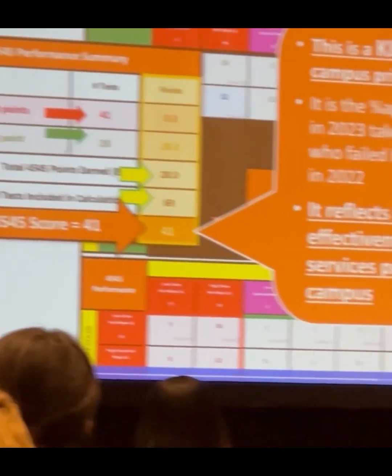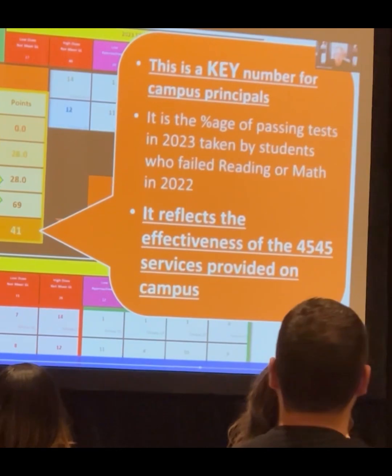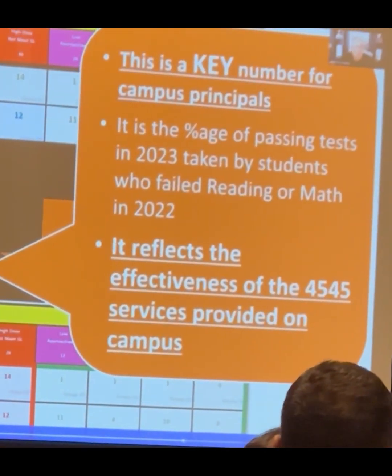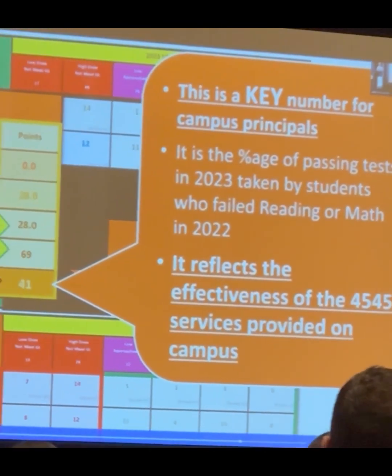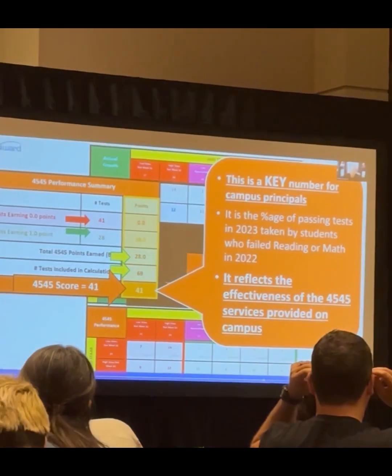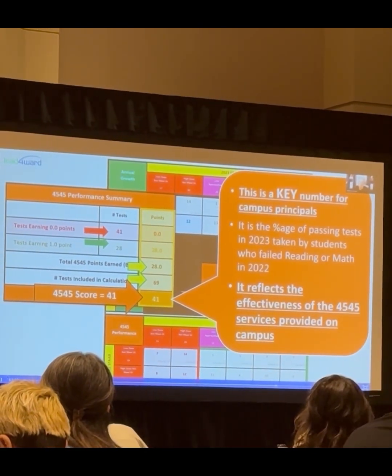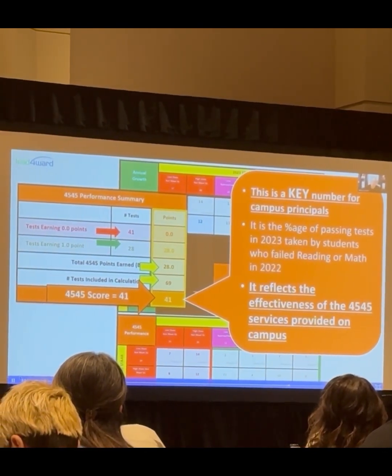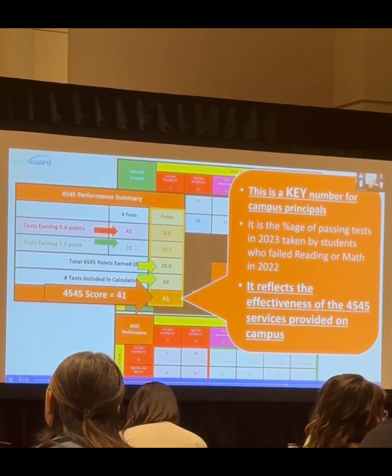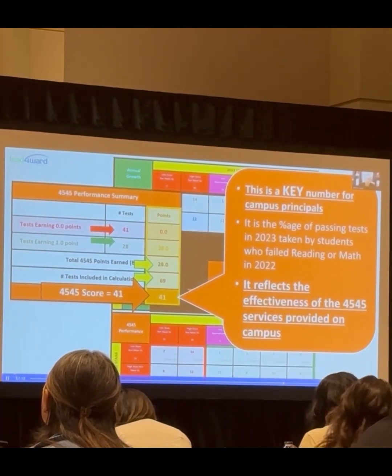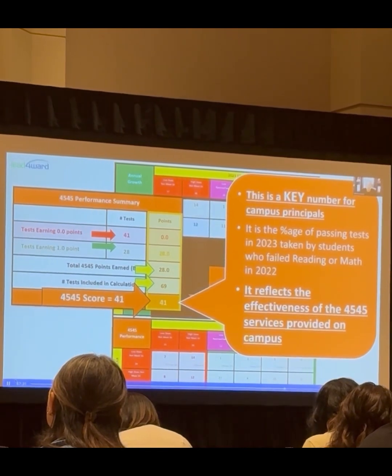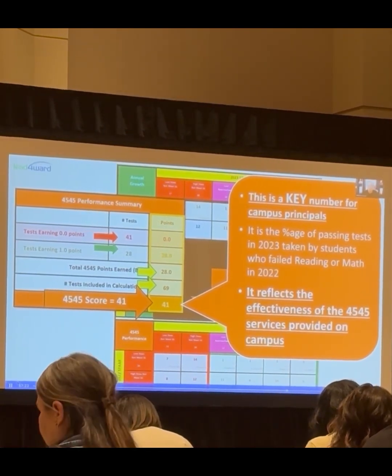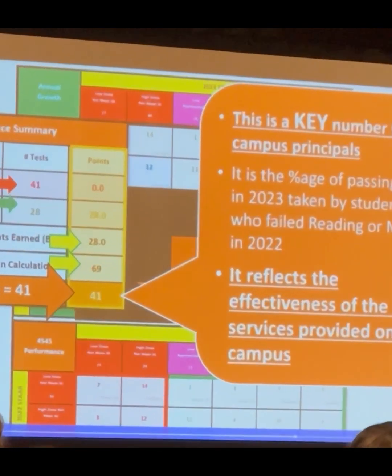And I think this is a really powerful number for principals, particularly looking at academic growth and STAR. This is a reflection of the effectiveness of our 4545 intervention services, because our 4545 intervention services are intended to help students be successful on this year's test after they failed last year's test.